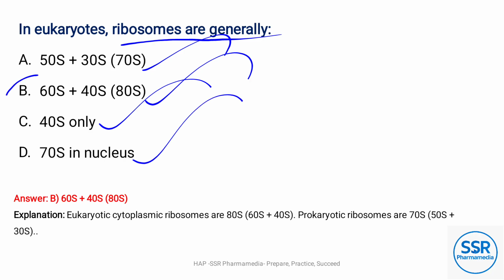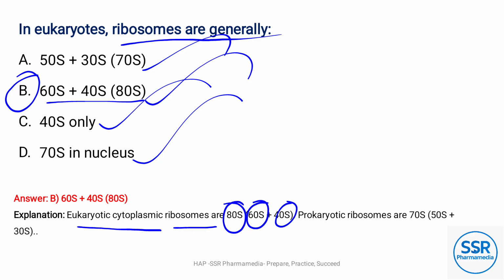The answer is option B. 60S plus 40S makes 80S. Eukaryotic cytoplasmic ribosomes are 80S, 60S plus 40S. Prokaryotic ribosomes are 70S, 50S plus 30S.